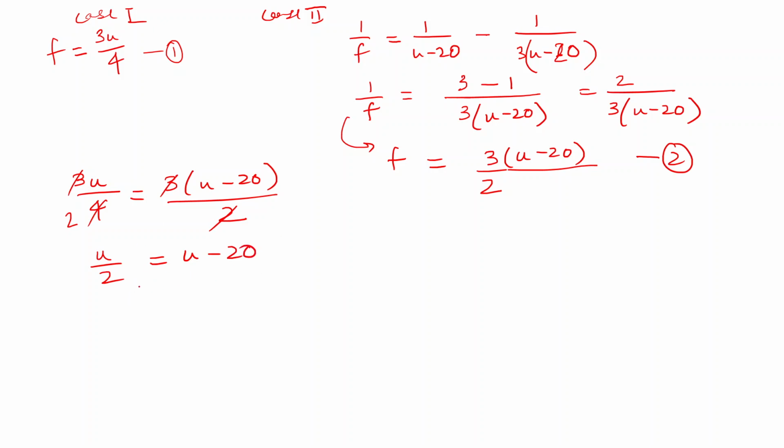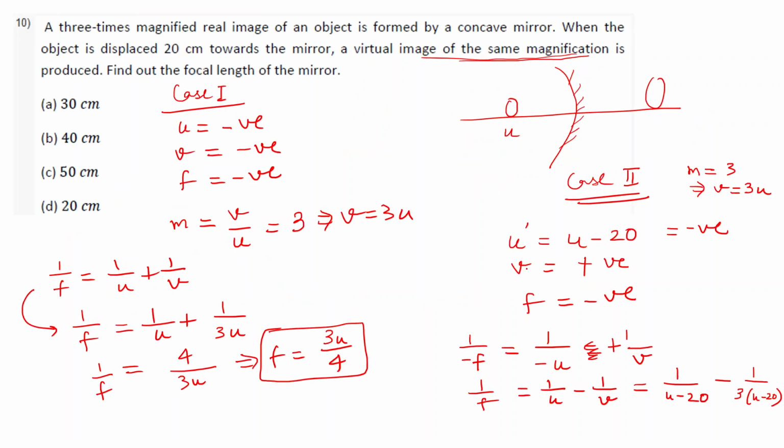Then if I take 20, I'll bring it to the left side. U by 2, I'll take it to right side. Then it will be u minus u by 2. Actually u by 2. That means u is equal to 40 centimeters. u is 40 centimeters and we had to find out focal length of the mirror.